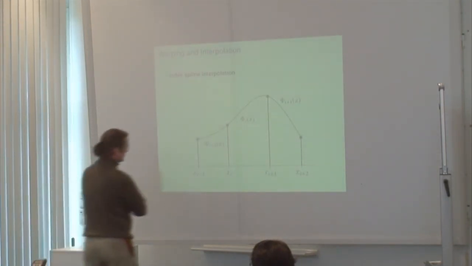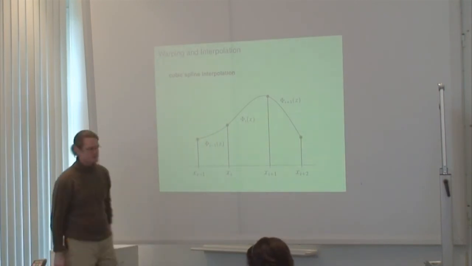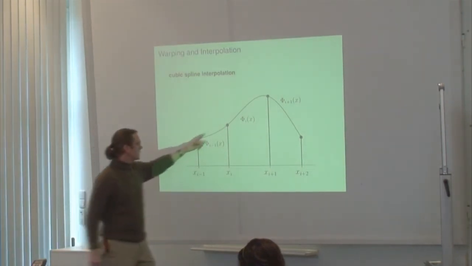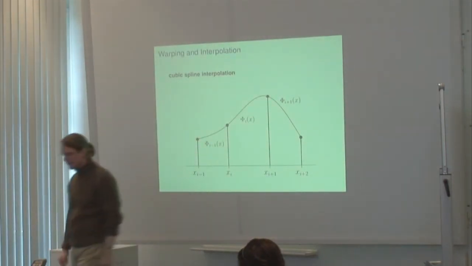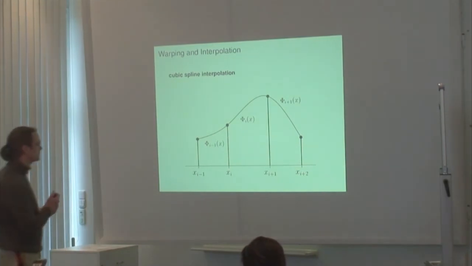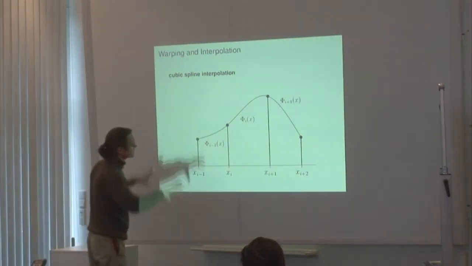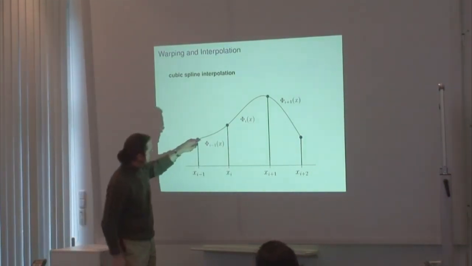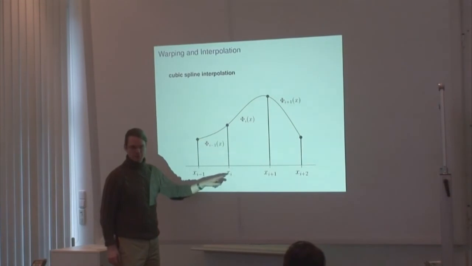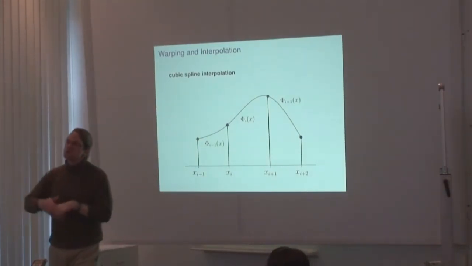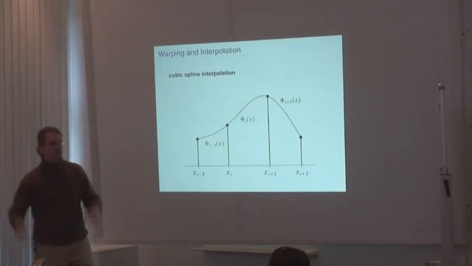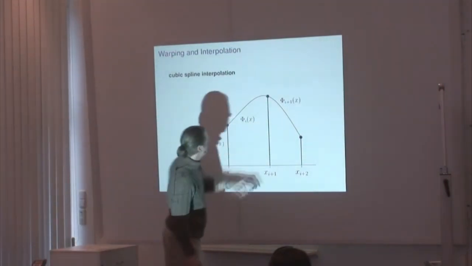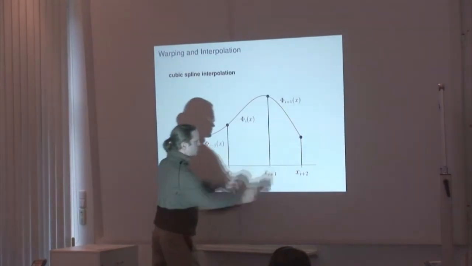We assume that we are given a discrete function that is defined at certain discrete sample points. The black dots are the discrete function, and we want to come up with a continuous function that mimics the behavior of the discrete one, but provides us with values in between two sample points as well. We said it is probably a good idea, at least an inspired idea, to assume that this function f hat is stitched together from cubic polynomials.